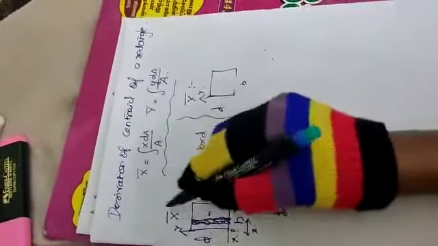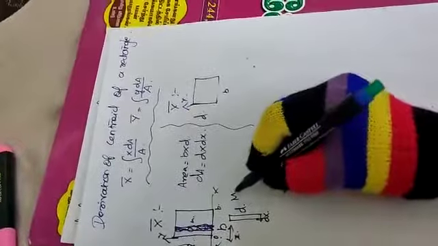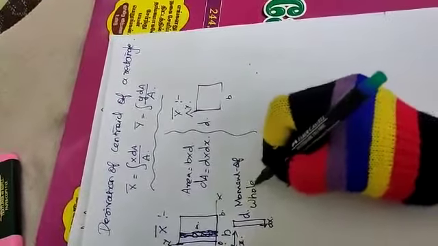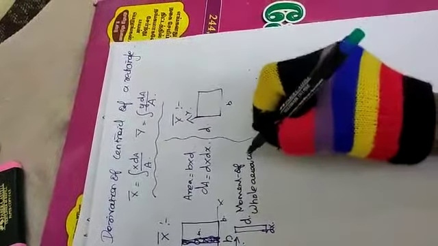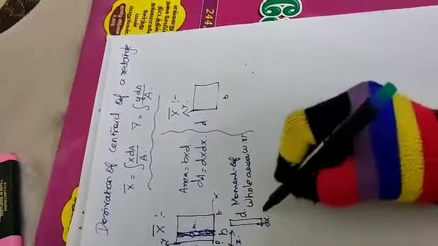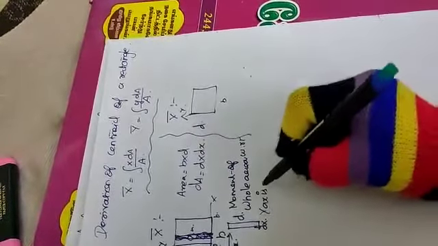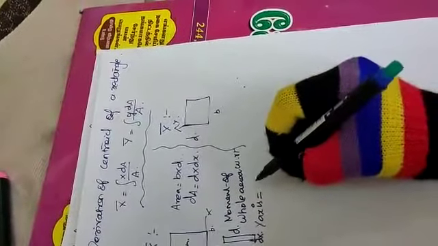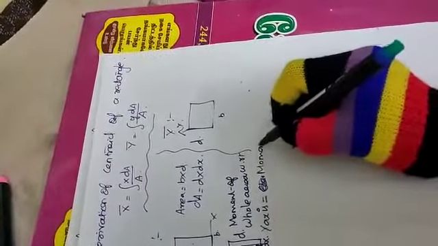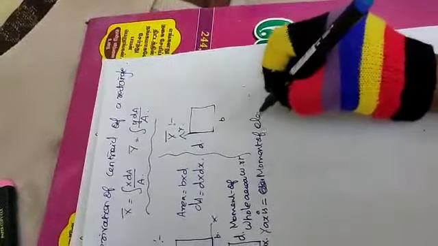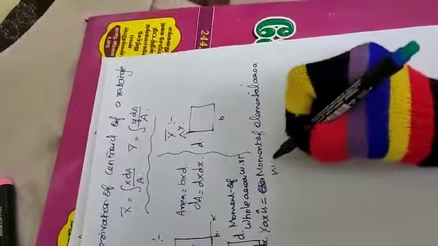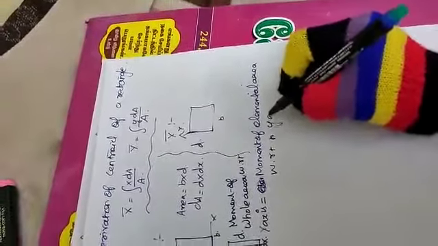If I want x bar, what should I do? The moment of the whole area with respect to the y axis is equal to the moment of the elemental area with respect to the y axis.